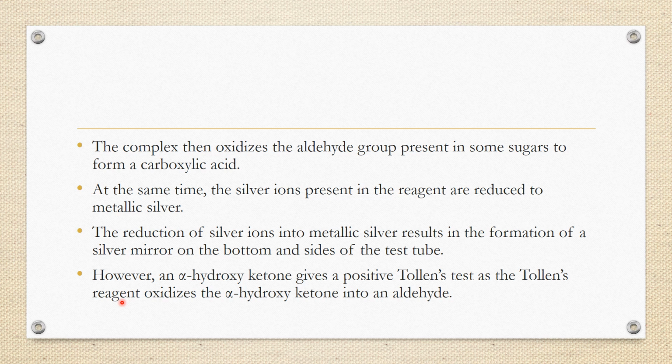It's a strong oxidizing agent, so it can oxidize the alpha hydroxyketone into an aldehyde, and then it can also give a positive result in Tollen's test. So the positive result can be given by aldose sugars and also by alpha hydroxyketone compounds.